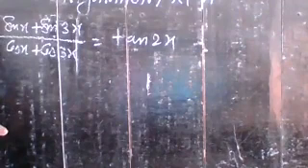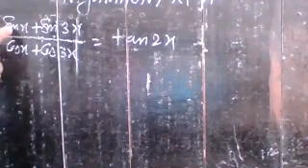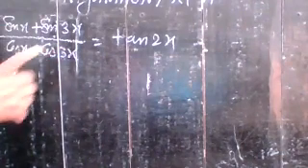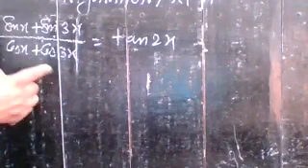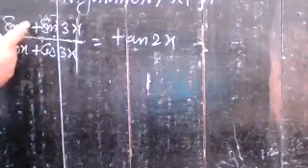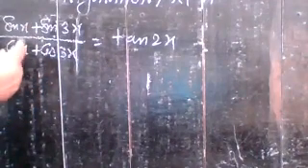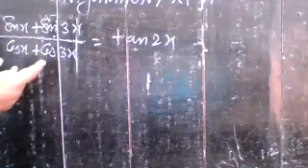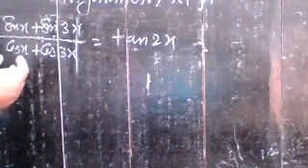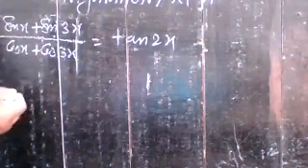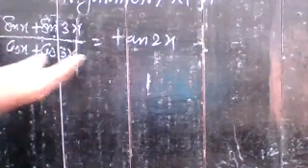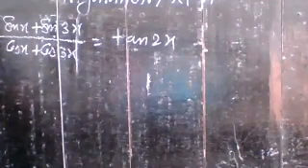So what do you do? Here you take the left side, applying the identity for sine x plus sine y, and here you apply the identity for cos x plus cos y. Okay, so no doubt the numerator and denominator of your left side are converted into the form of a product, and maybe some terms are common, so they will cancel out and you will have your answer.